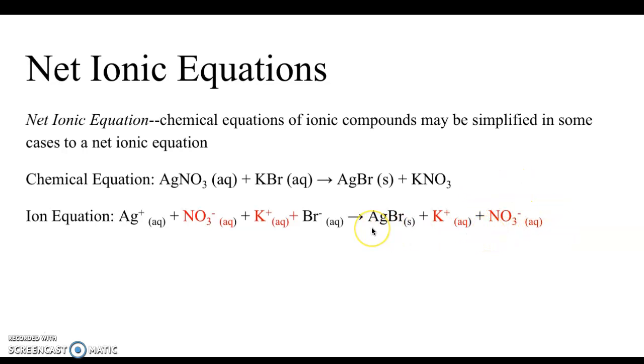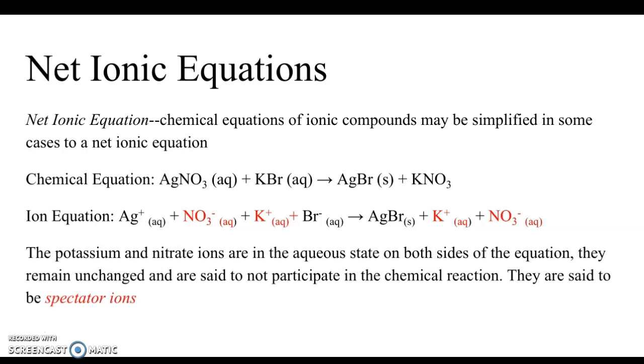Now, if you look on either side of our chemical equation, we have common factors. We have our potassium ion on either side of the arrow and our nitrate ion on either side of the arrow. The potassium and nitrate ions are in the aqueous state on both sides of our equation. They remain unchanged, so they haven't participated in the chemical reaction. So they're called spectator ions.